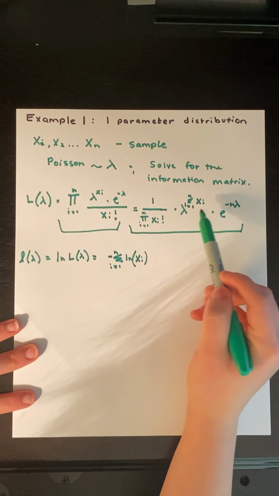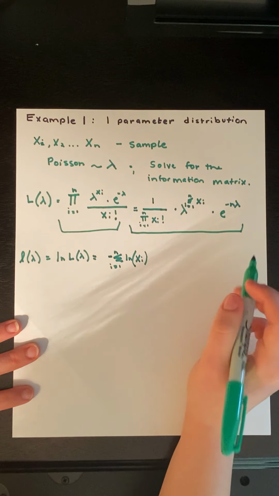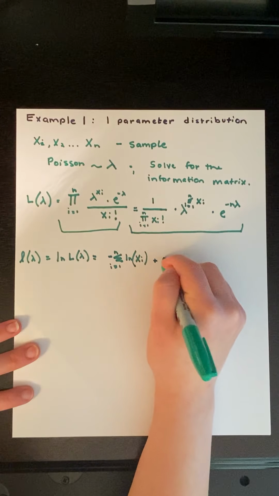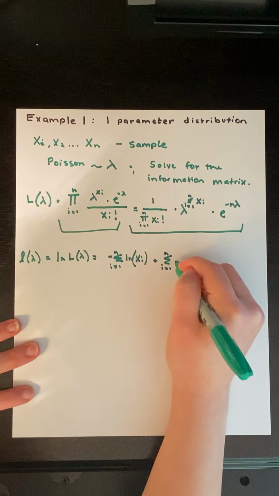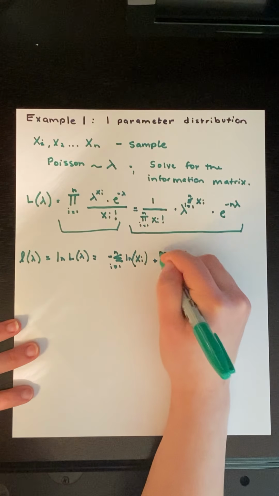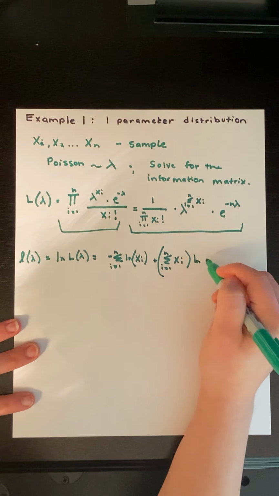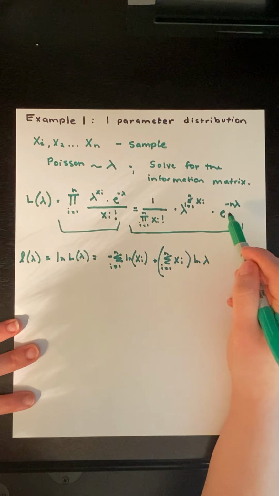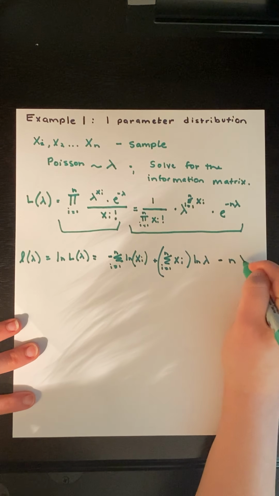Our next part, lambda to the sum of the xi's, is equal to plus the sum of i equals 1 to n of xi, this whole quantity times ln of lambda. And finally, the natural log of the last bit would just be minus n lambda.